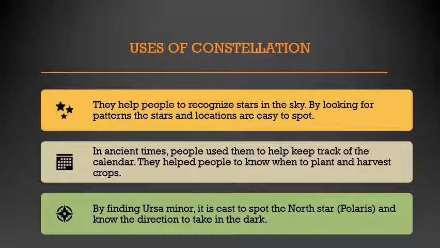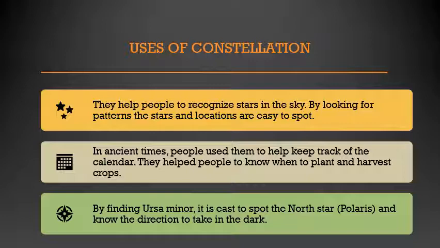The second use is: in ancient times, people used them to keep track of the calendar. They helped people to know when to plant and to harvest crops. Today we have all sorts of timelines like calendars and clocks, but in those days there were no calendars.